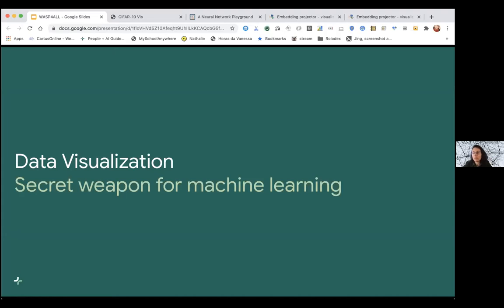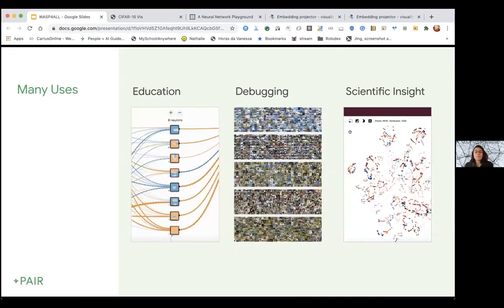In our team, one of the ways we like to think about data visualization and machine learning is that data visualization is kind of a secret weapon for machine learning. And during the course of this talk today, I hope you understand why I mean that. Since it's a short talk, I'm going to highlight just 3 uses of data visualization in AI explainability specifically.